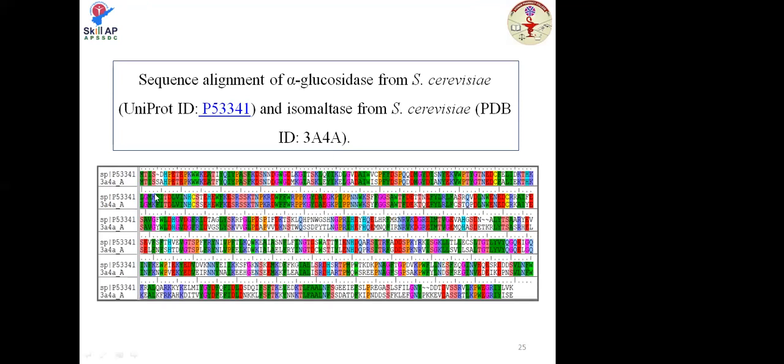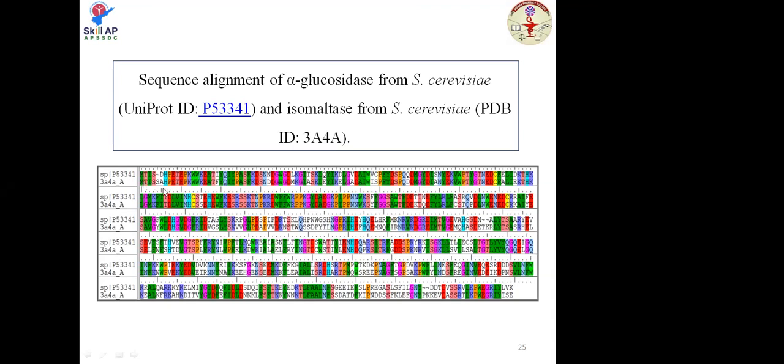And here you can see the similarity between these two. A number of amino acids are similar. Alpha glucosidase and isomaltase of Saccharomyces share similarity in the arrangement of amino acids.